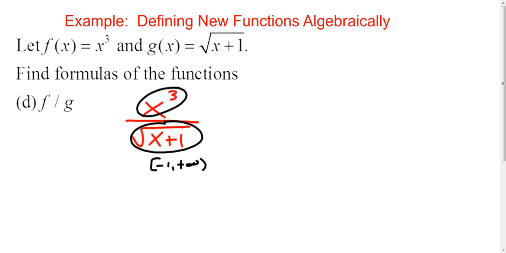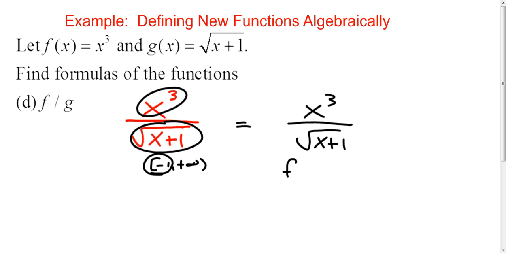However, since it's in the denominator, it can't actually be exactly -1, because if it was exactly -1, I would have the square root of 0, which is 0, in the denominator, and you can't have that. Okay, so I need to place an even stricter restriction on this once it's simplified. So this is going to become x cubed over the square root of x plus 1, but my domain has to be bigger than -1 to infinity.